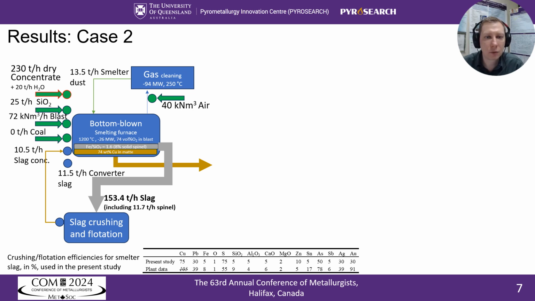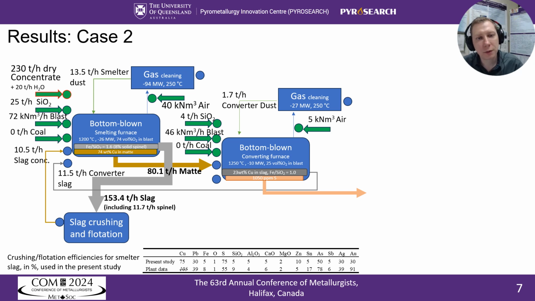The slag entering slag crushing flotation has high amount of entrained matte due to the presence of large amount of suspended solid spinel. In the present study, it is assumed that copper is recovered with the same efficiency of 75% as in case 1. Further studies are needed to compare the behavior of case 1 and case 2 slags during crushing flotation.